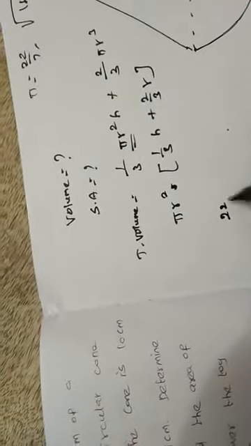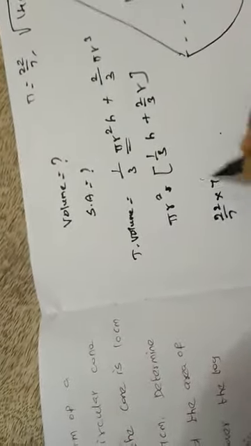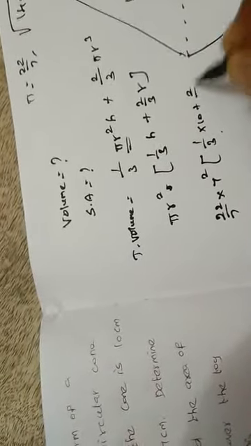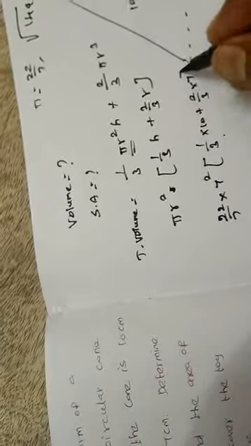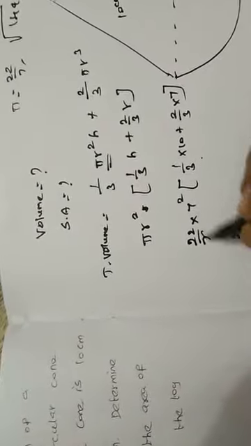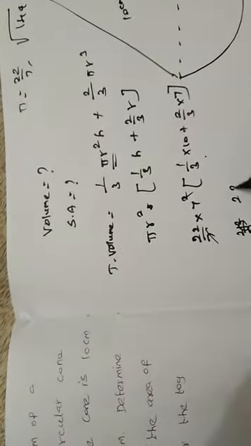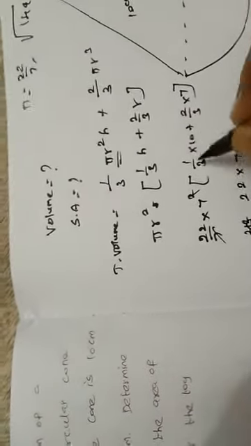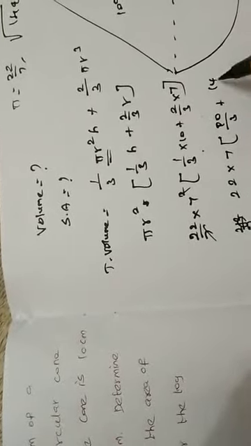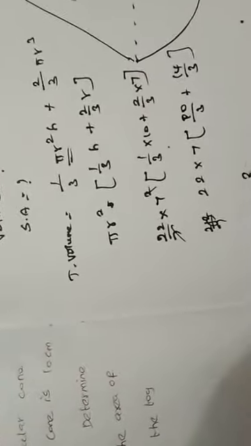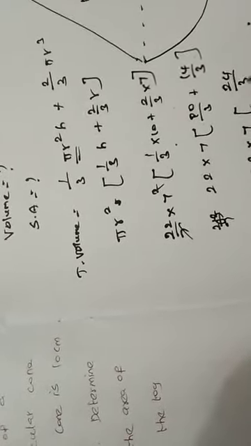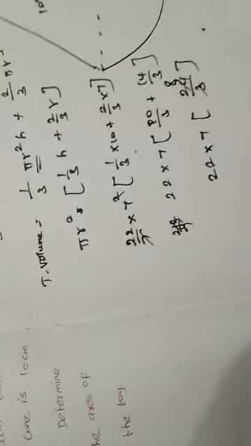So 22 divided by 7 into r squared, that is 7 squared, into 1 by 3 into 10 plus 2 by 3 into 7. So 22 divided by 7, this 7 cancel, means 22 into 7 into 10 by 3 plus 14 by 3. So 22 into 7 into 24 divided by 3, that is after this cancellation 8.